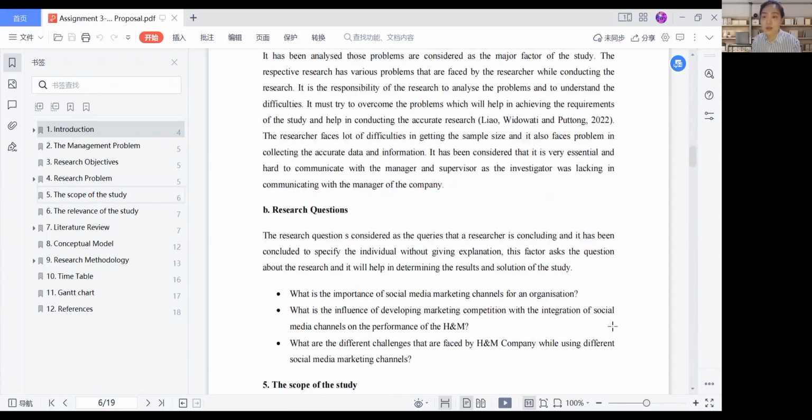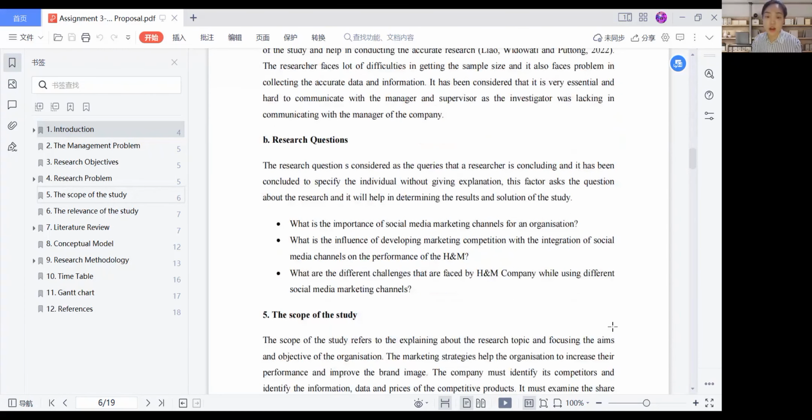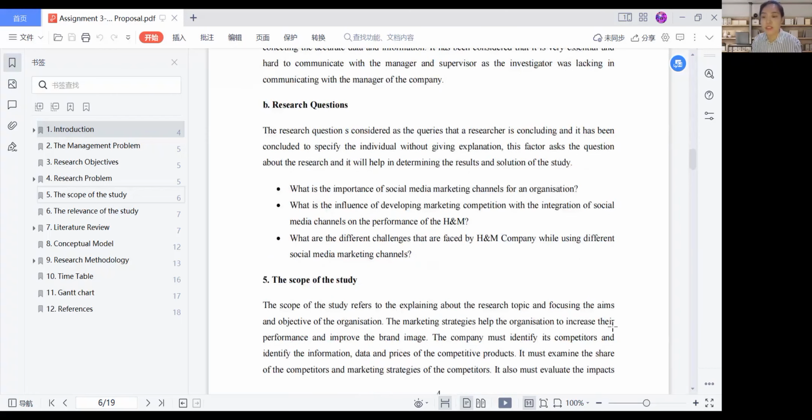It must examine the share of the competitors and the marketing strategies of the competitors. It also must evaluate the impact value of social media marketing and present its products to the audience by using marketing strategies. It's also helpful in pricing the brand. Next one.